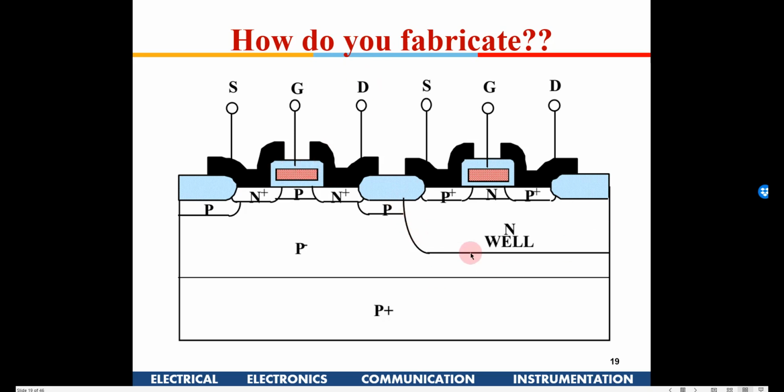Now finally we come to the CMOS process. We know how a CMOS device looks. So this is a P substrate, right? Like I said, there is an epitaxial P which is developed over the P substrate wafer chip.